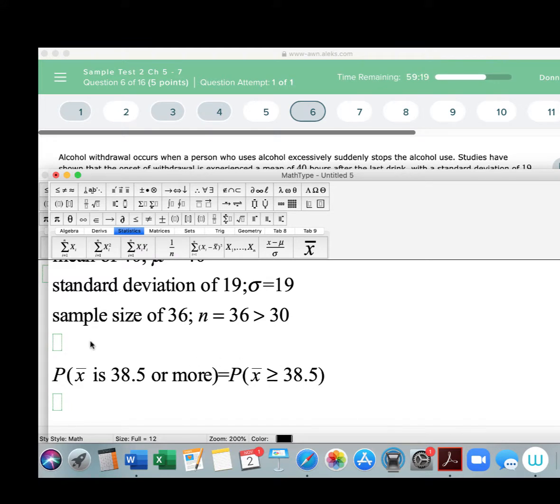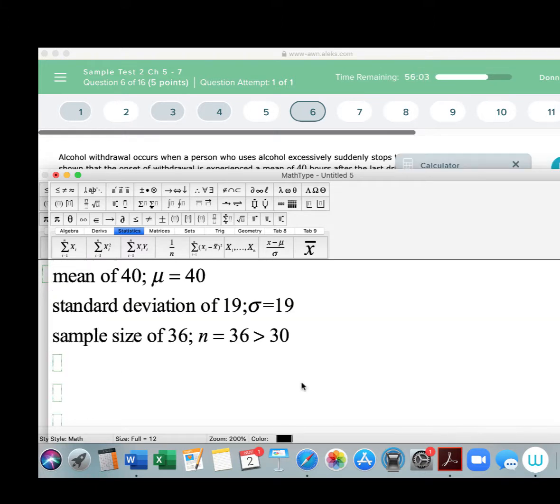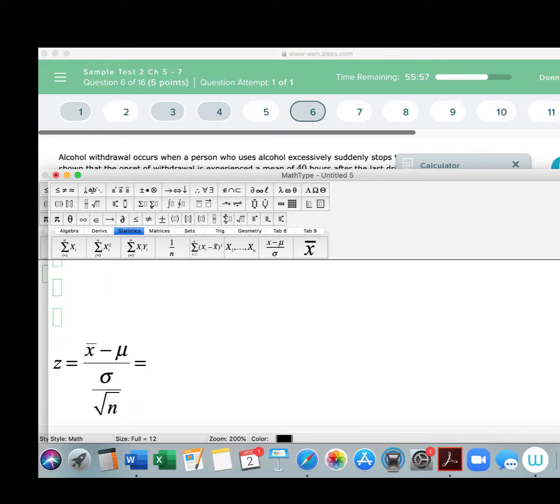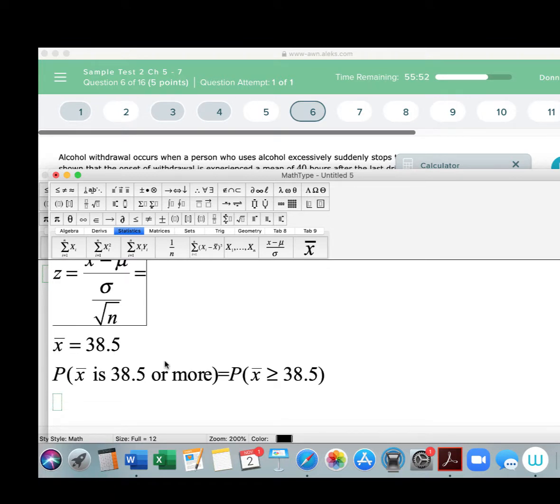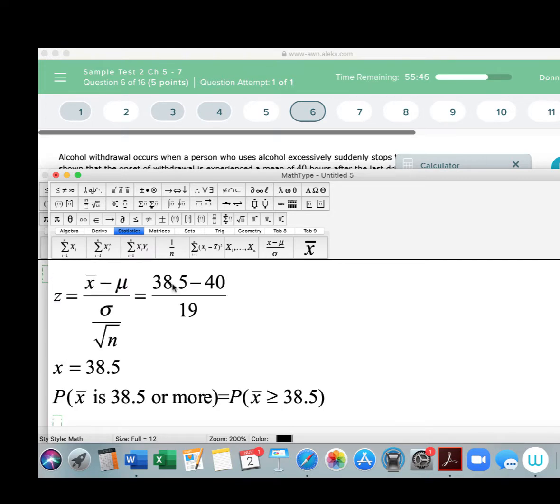The formula for finding a z-score given a normal score is z equals x bar minus mu, all over sigma over the square root of n. X bar, well, where do we get that? We want to know the probability that it's greater than or equal to 38.5, so we substitute in 38.5 minus mu, which was 40, over 19 divided by the square root of n, and in our case n is equal to 36.